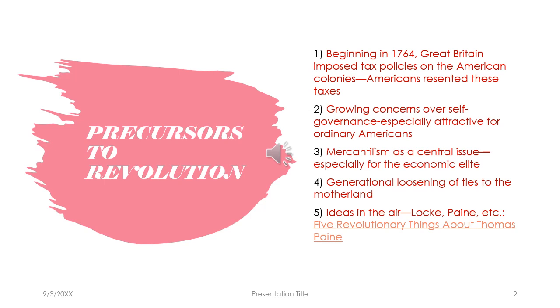mercantilist policies. 4th, you were getting a generational loosening of ties to the motherland, right? Remember, the British first began to come over in 1607, and by 1776, right, a lot of Americans were native-born Americans, right? Their connections to the mother country were getting loose. It's like today, right? When immigrants first come to America, right?